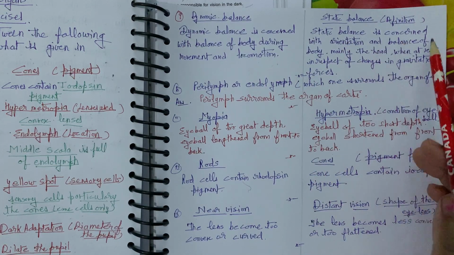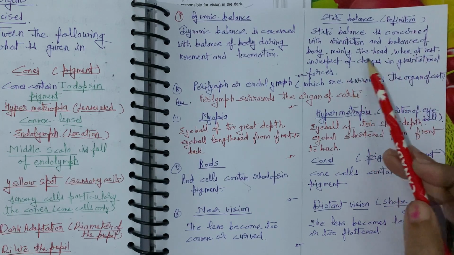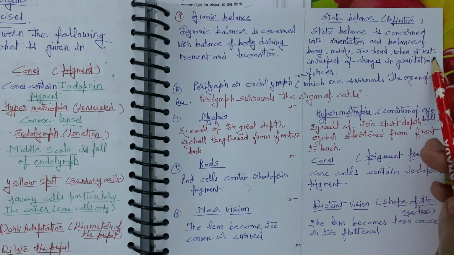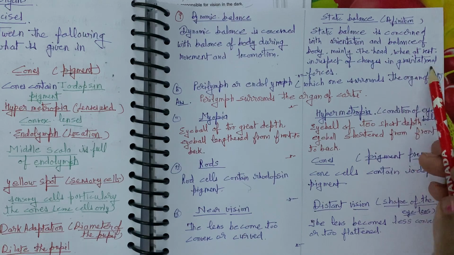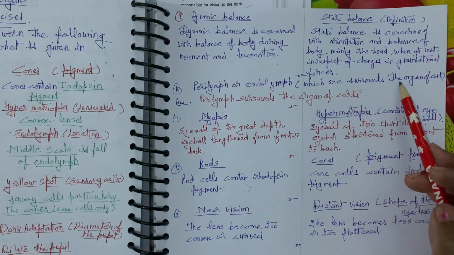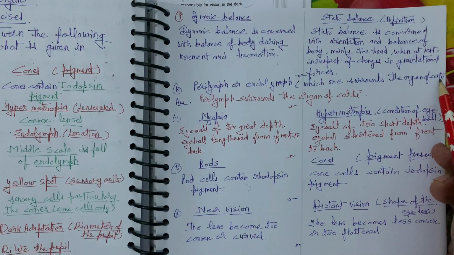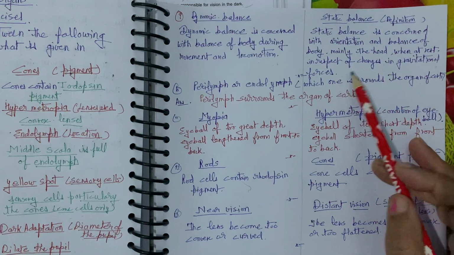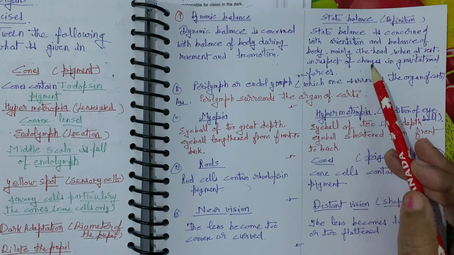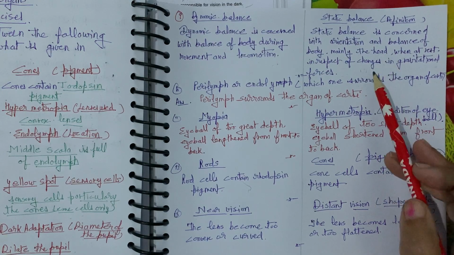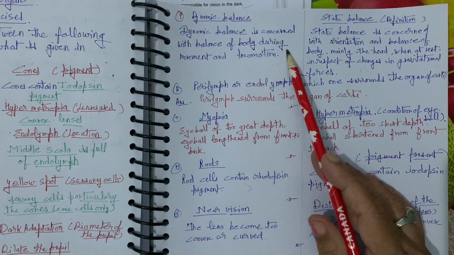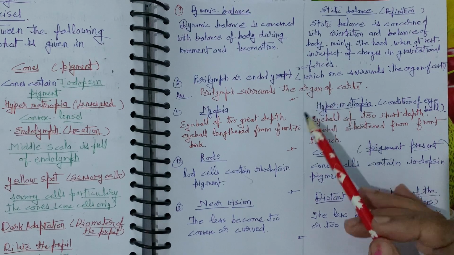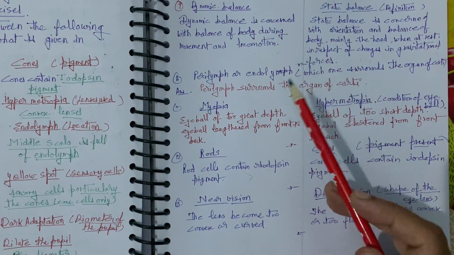Static balance is concerned with the orientation and balance of the body, mainly the head, when at rest, irrespective of changes in gravitational forces. It is due to the vestibule. The vestibule is responsible for static balance, and the semicircular canals are concerned with dynamic balance.